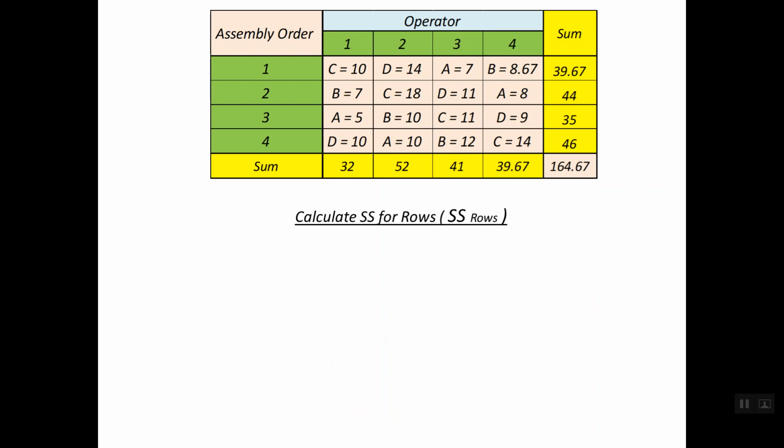Now we need to calculate the SS for the rows. In order to calculate the SS of the rows, we need the total of observations for row 1, row 2, row 3 and row 4, and take the summation of these squared values divided by R, minus the correction factor.